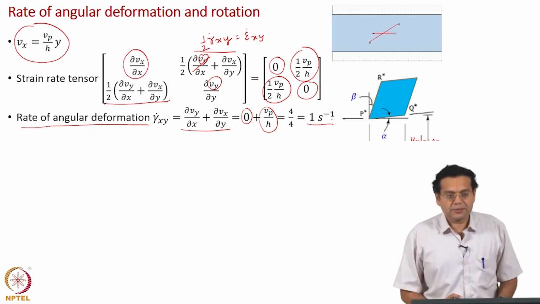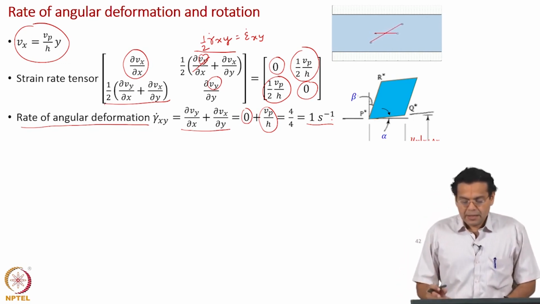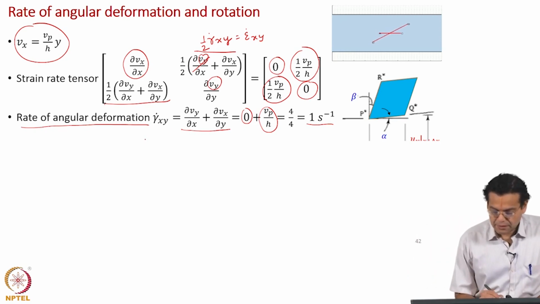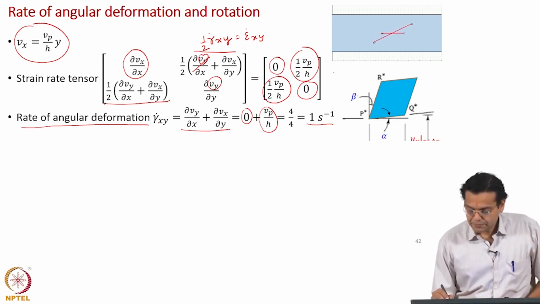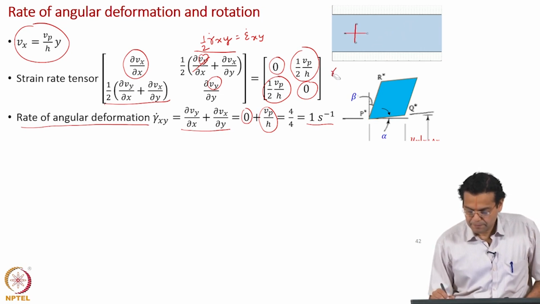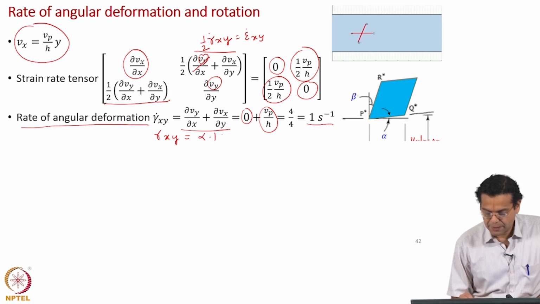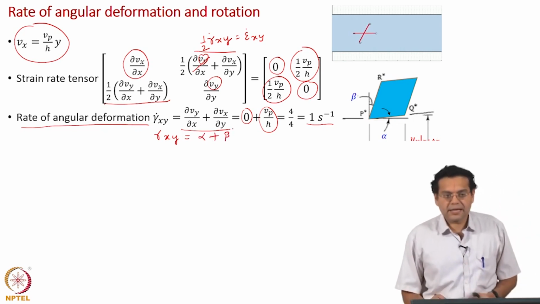How do you interpret this? What is the meaning of this? Now, remember we had gamma xy is equal to alpha plus beta based on this diagram which I have seen earlier.